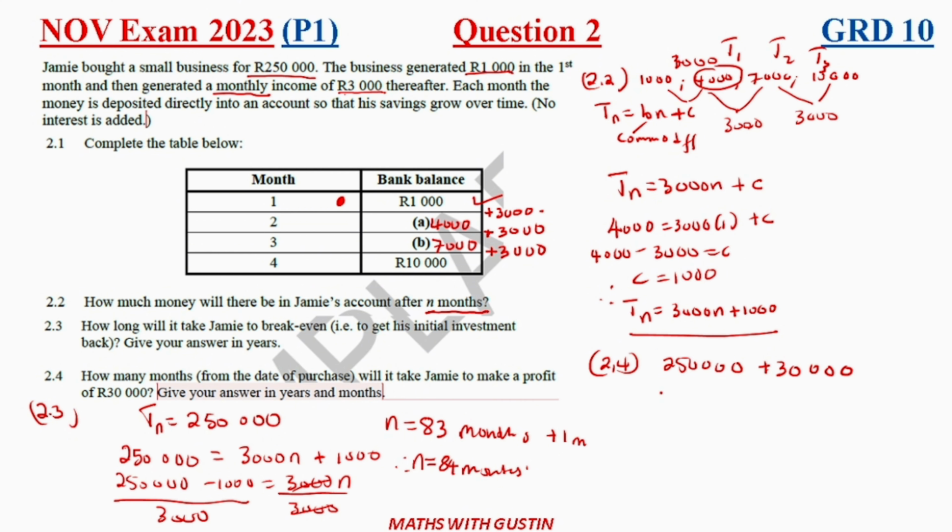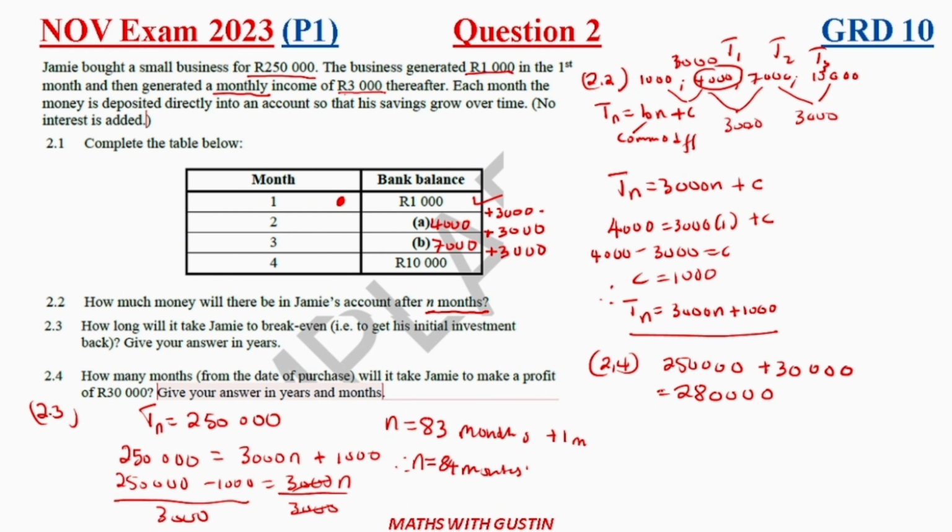So now he's making 280,000 with an extra profit. Okay, so they said how many months will it take for him to make the 30,000? So you are saying how long will it take for him to get his money back with an extra 30,000? Rather, we need to remove the 250 and check how long it took.